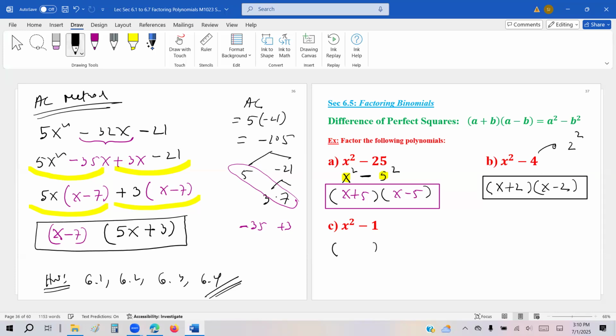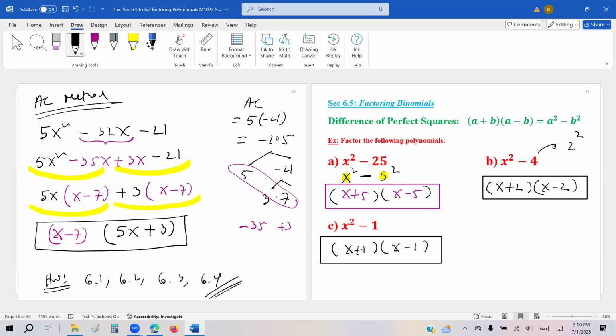How about this one? X plus 1, x minus 1. See, factoring is done in one line. That's it. It's just like direct factoring. But here, we are using the perfect squares.